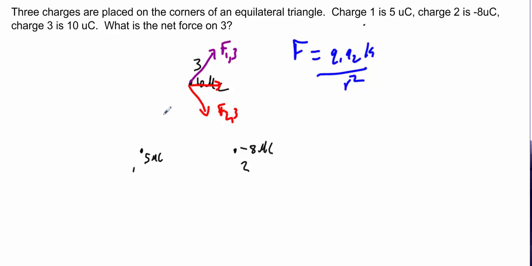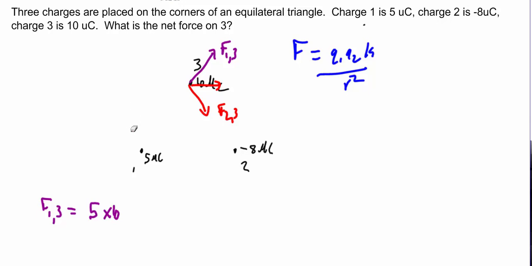So let's go ahead and get started. First I'm going to find the force of 1 on 3. The force of charge 1 on charge 3 is given by Q1, which is 5, times Q2, which is 10. But I've got to be careful with these because these are microcoulombs.